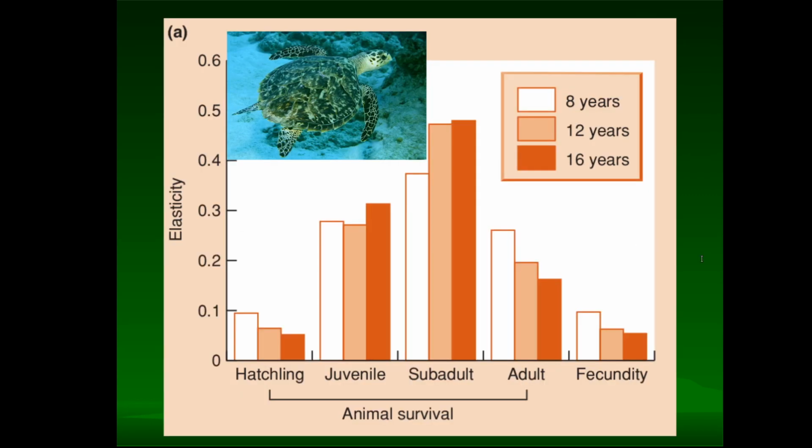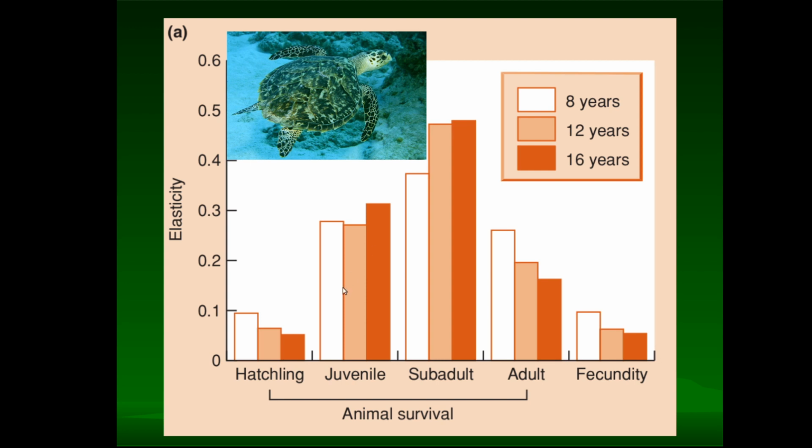Right, in the sensitivity analysis, they found that increasing the survivorship of subadults has the greatest effect on lambda. So that's the elasticity or the sensitivity. So that these bars, no matter which of the models you had, increasing the subadult survivorship increased the overall population lambda by the largest amount.